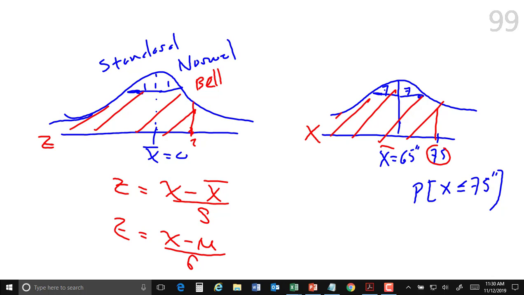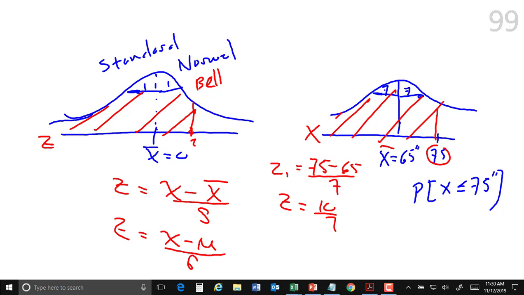Okay? So let's try it. I want to get a particular Z-score when X is equal to 75. Then I have to subtract 65, which is the mean, and I just made up a deviation of 7. So you can see this is going to be 10 over 7, correct?